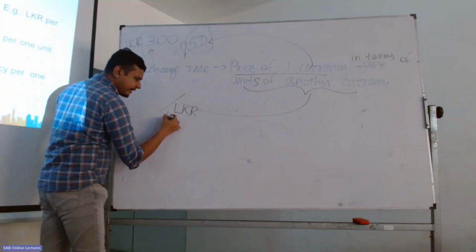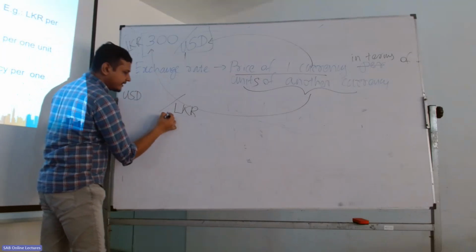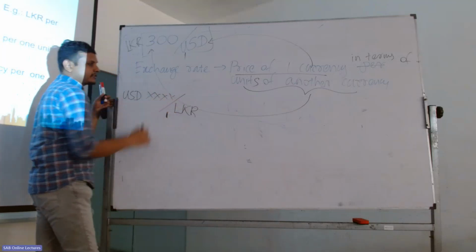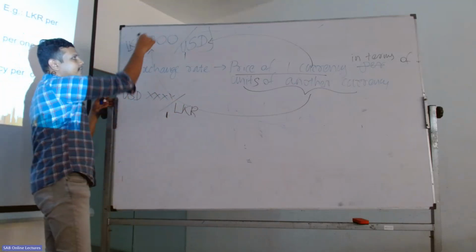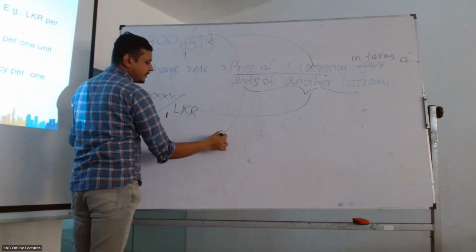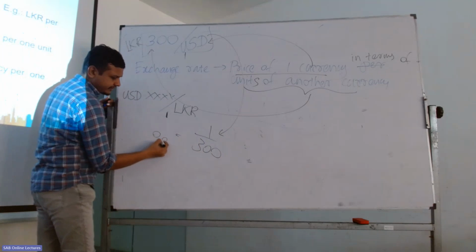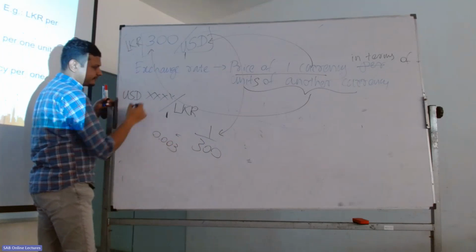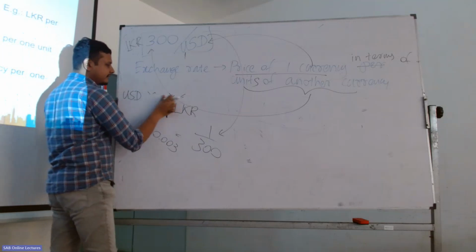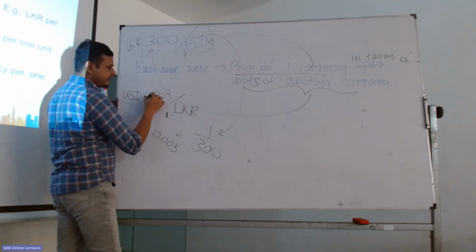What is the price of one LKR in terms of USD? That is the reciprocal of this, 1 over 300, which is 0.003 something. So the price of 1 LKR in terms of USD is 0.003 USD.